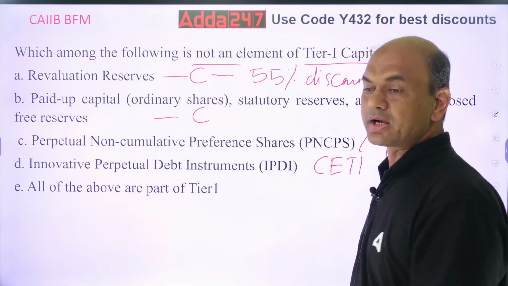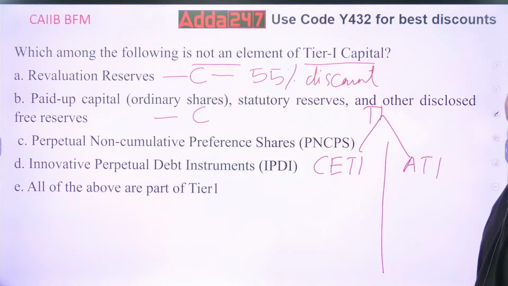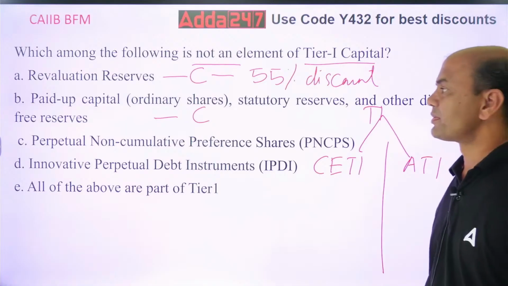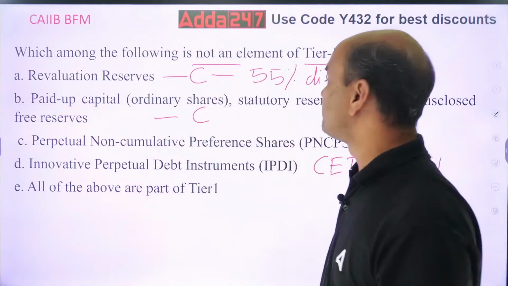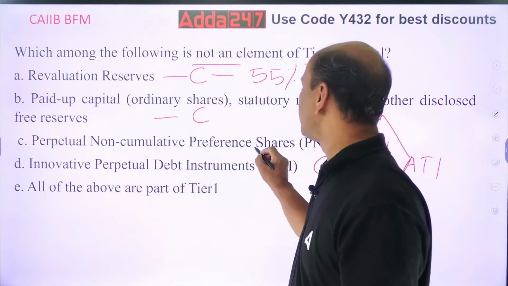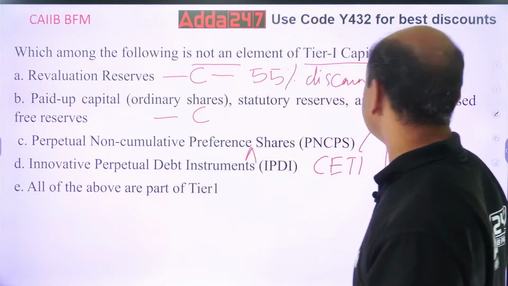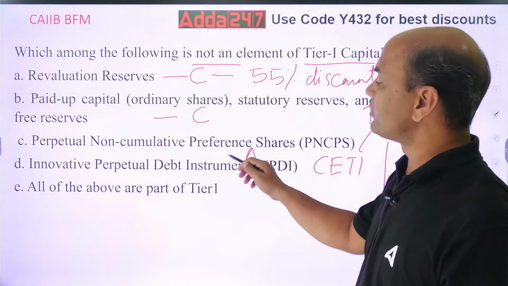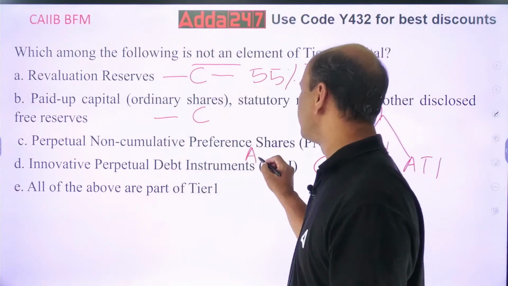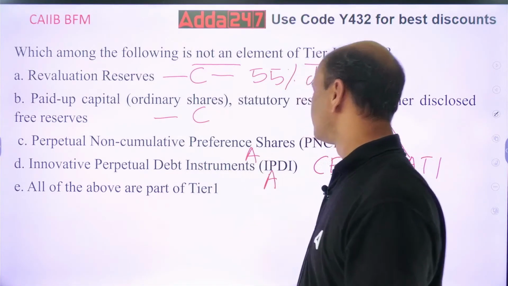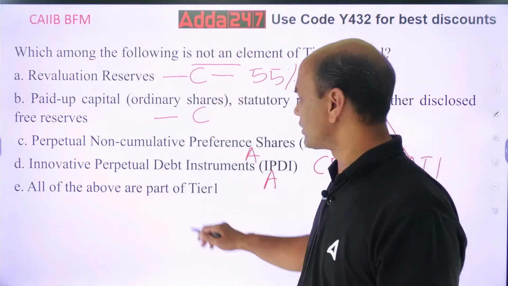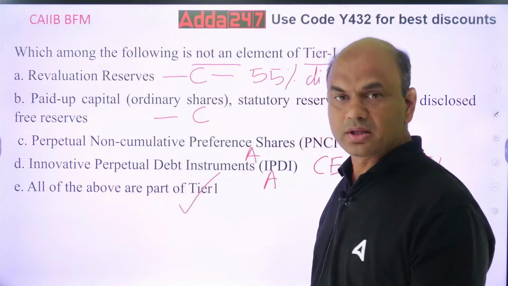Okay? So kindly don't confuse this. CET1 and AT1 are the part of tier 1 only. Then C over here. Then PNCP. Now this is the part of AT1. Then innovative perpetual debt instruments, IPDI. That is again a part of AT1. But ultimately, if you see, all of these are the part of tier 1 only.